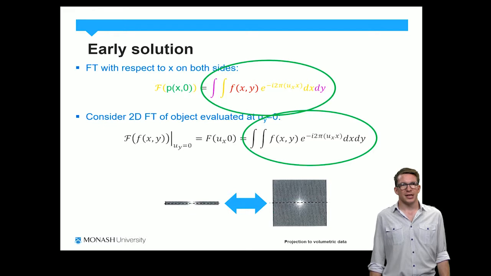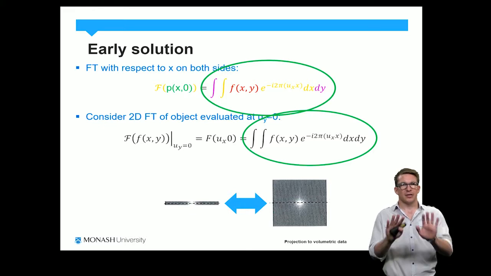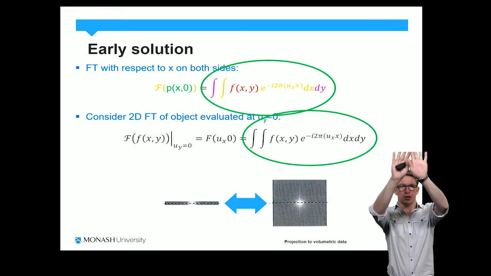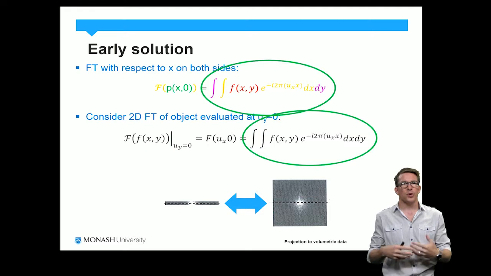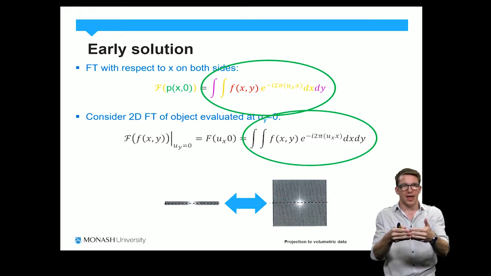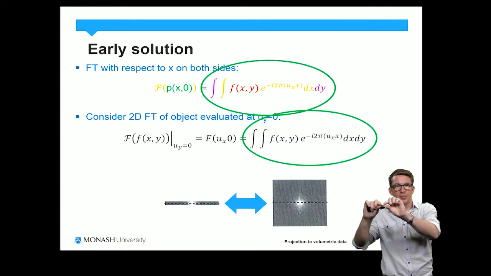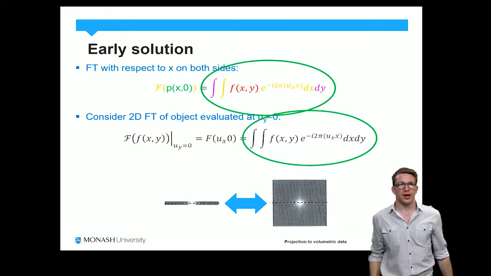So what this is telling us is that the configuration of the scanner, where all our ray paths are parallel to the y-axis, shining through the object, we collect that projection data, take the Fourier transform of that strip, the Fourier transform that we end up with is the same as the middle strip of the two-dimensional Fourier transform.